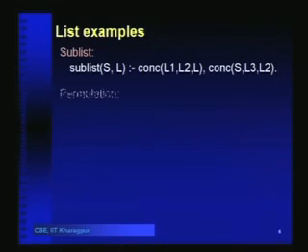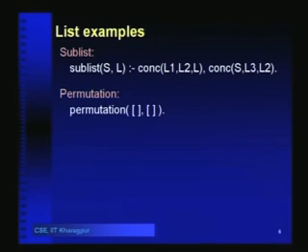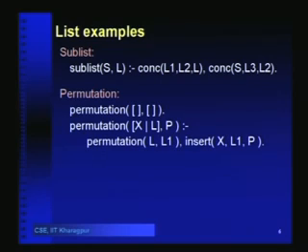Let us look at permutation. So our objective is to check whether one list is the permutation of another. So permutation of the empty list is the empty list, and then observe this one.